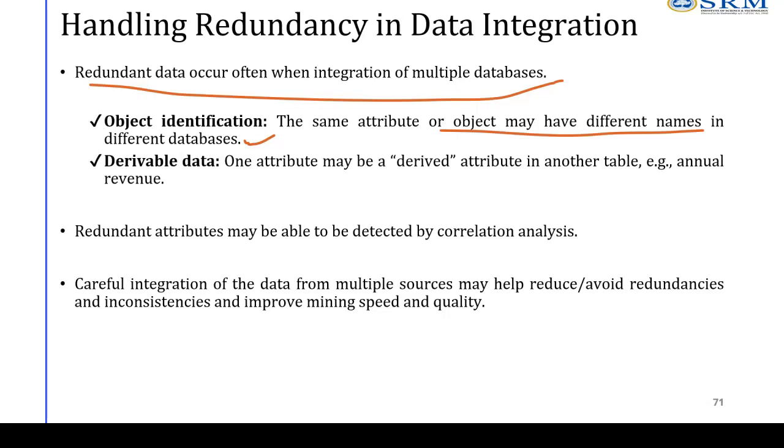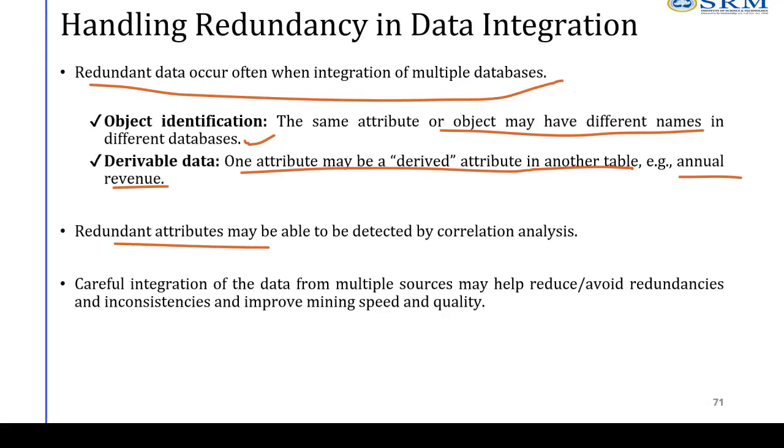And then the derivable data. One attribute may be a derived attribute in another table. For example, annual revenue: in one database annual revenue would be a separate attribute, whereas in another it would be a combined attribute. So derivable data could also cause redundancy in data integration.